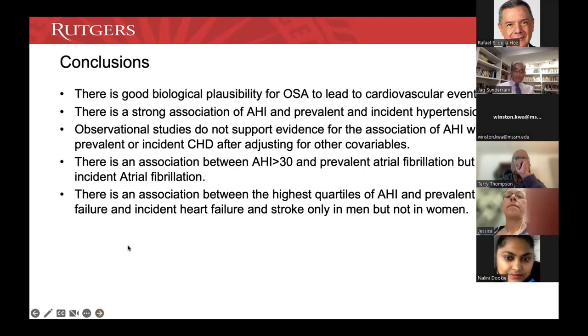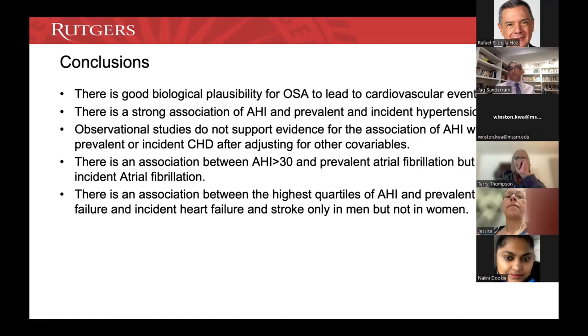So what do we have so far? We have shown there is good biological plausibility that sleep apnea can lead to cardiovascular events. I think there's enough data to suggest a strong association of AHI with prevalent and incident hypertension. However, there is not enough evidence to support an association of AHI with either prevalent or incident coronary artery disease, adjusting for other covariables.